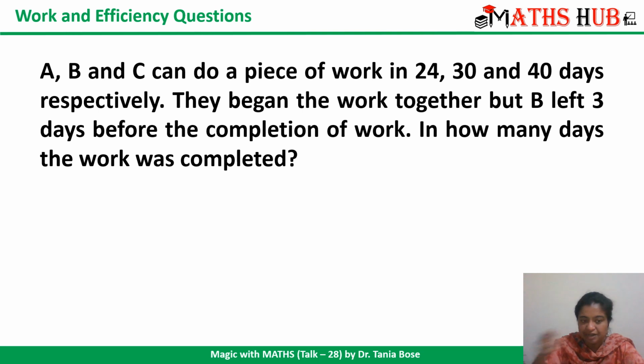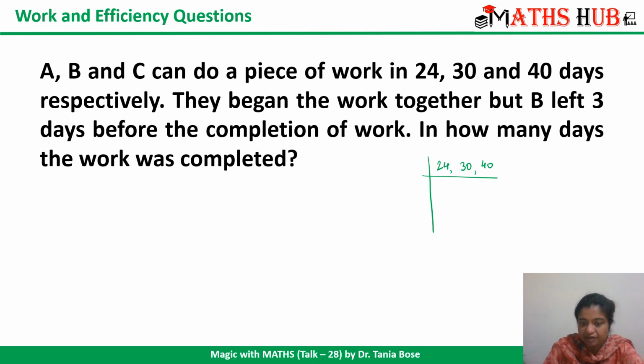The next question says A, B, and C can do a piece of work in 24, 30, and 40 days respectively. They began the work together, but B left 3 days before the completion of the work, right? So first of all, let's calculate the LCM of 24, 30, and 40.